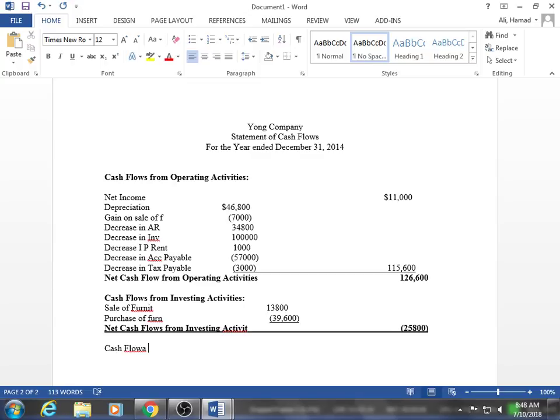Long-term liabilities and stockholders' equity, yes. Financing activities. All right, so I'll put two brackets there. Let me bold that.